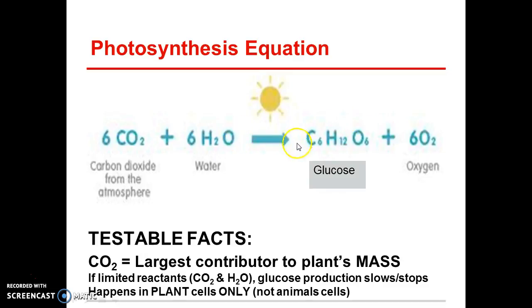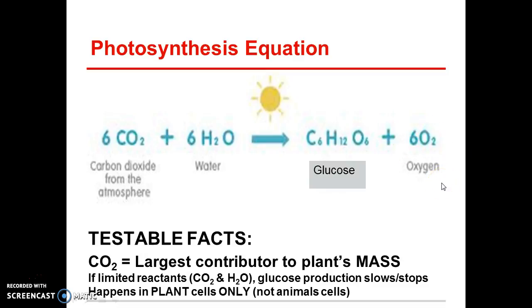And that will yield the products, which include C6H12O6. You learned this in middle school, and that is a sugar, glucose. So the plants take the sunlight plus the water plus the CO2, and they combine and make sugar, food. They're making their own food in the form of sugars. And then they also will release out to the atmosphere 6 oxygen.